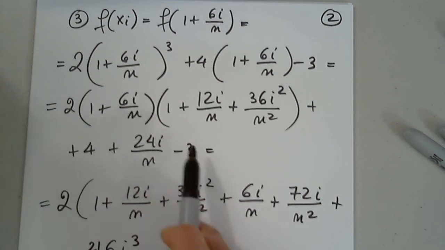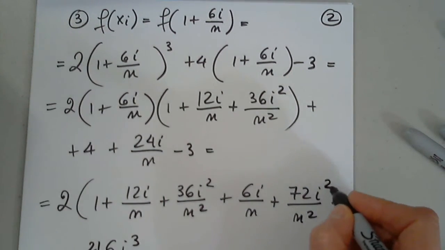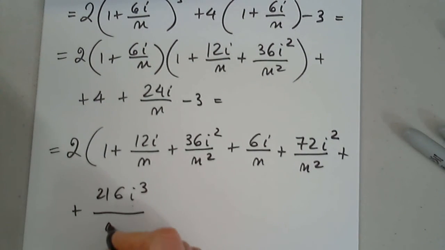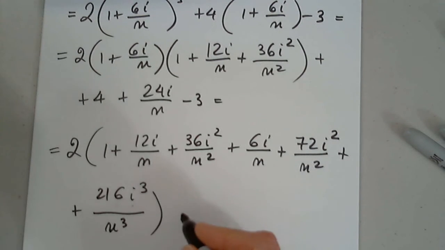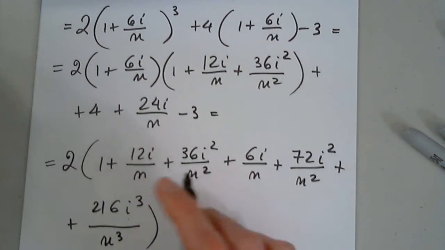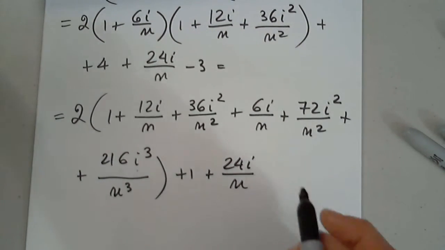Hold on. This is okay. This is okay. This is not okay. Okay, so i cubed over n cubed. I think I'm okay. And then plus 1 and plus 24i over n.